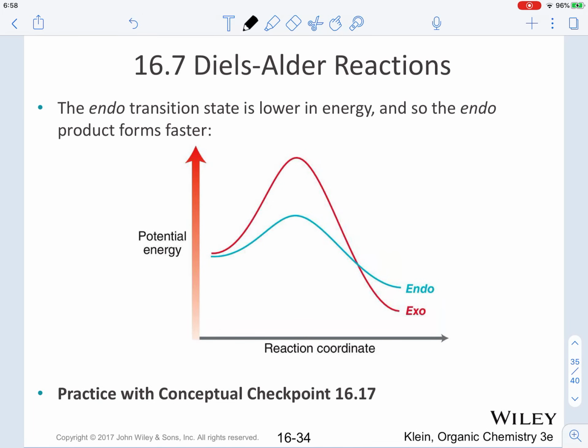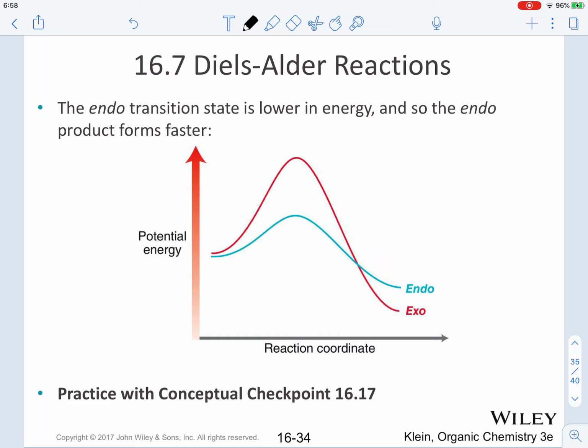If we look at it in terms of an energy diagram, here we have the reaction coordinate and the potential energy for each one of these systems. Remember, Diels-Alder reactions happen with only one transition state. That's why we only have one hump.